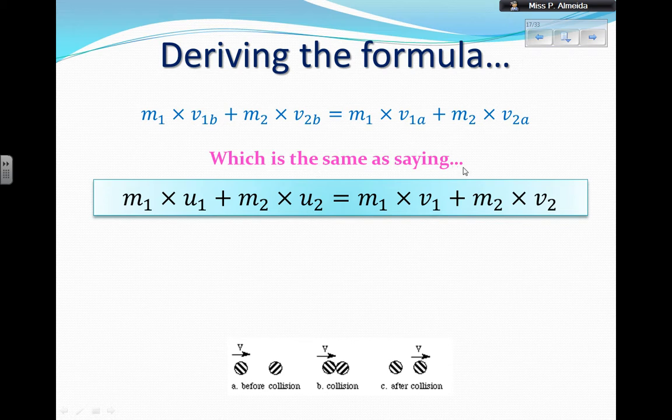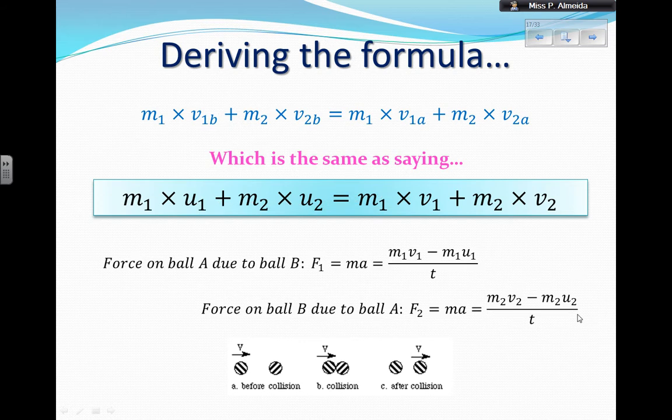Now, let's imagine two colliding objects, for example, the balls that I have there, okay? And I'm going to call them ball A and ball B. They collide, ball A makes ball B move. So the force on ball A due to ball B is going to be called F1, and is mass times acceleration, which means that it is m1 v1 minus m1 u1 divided by t.